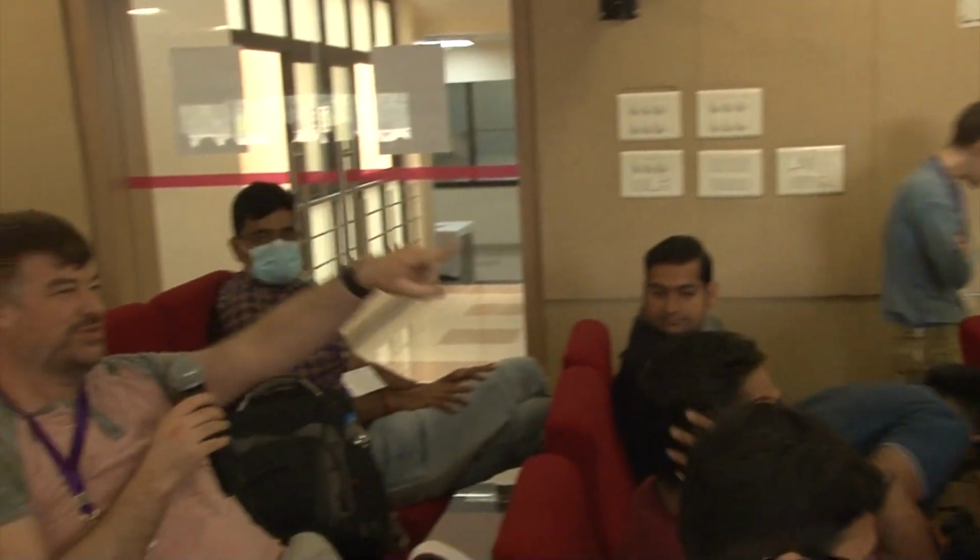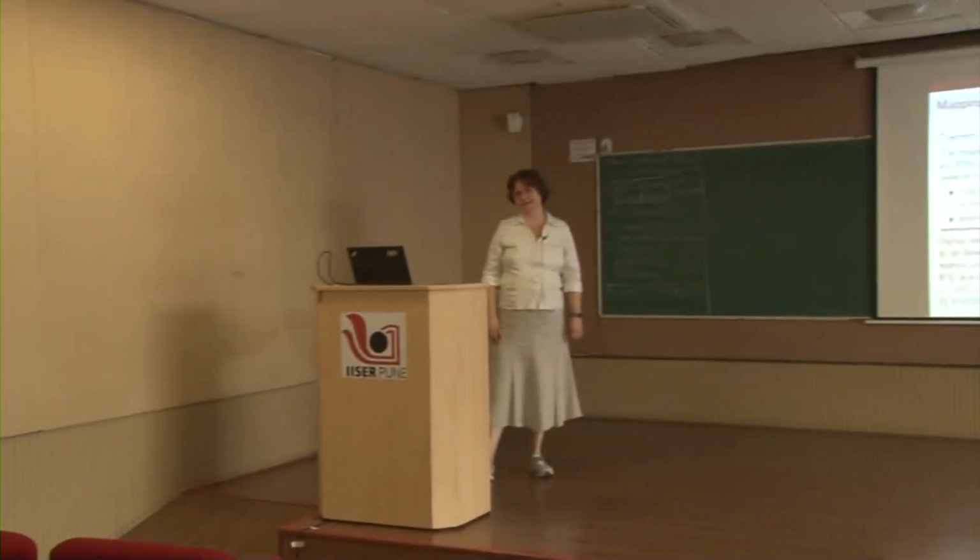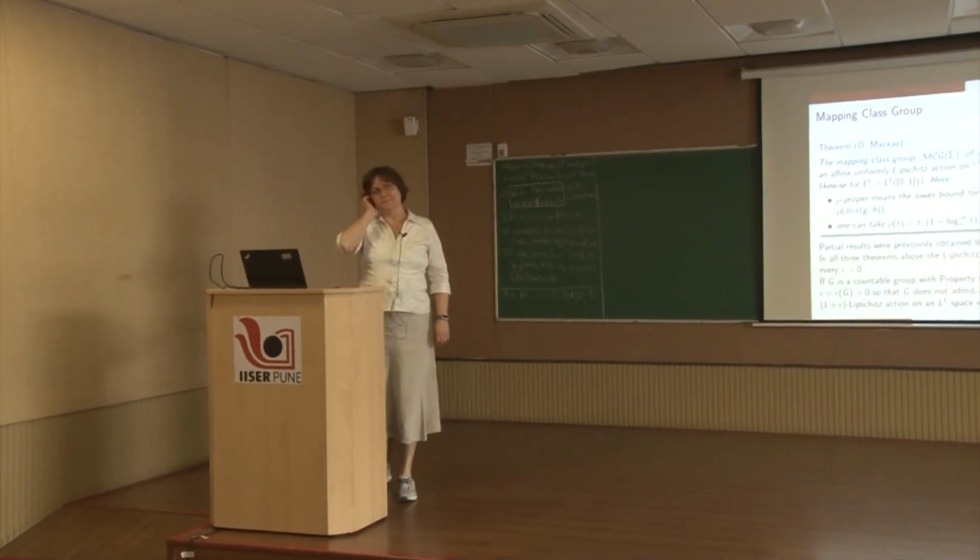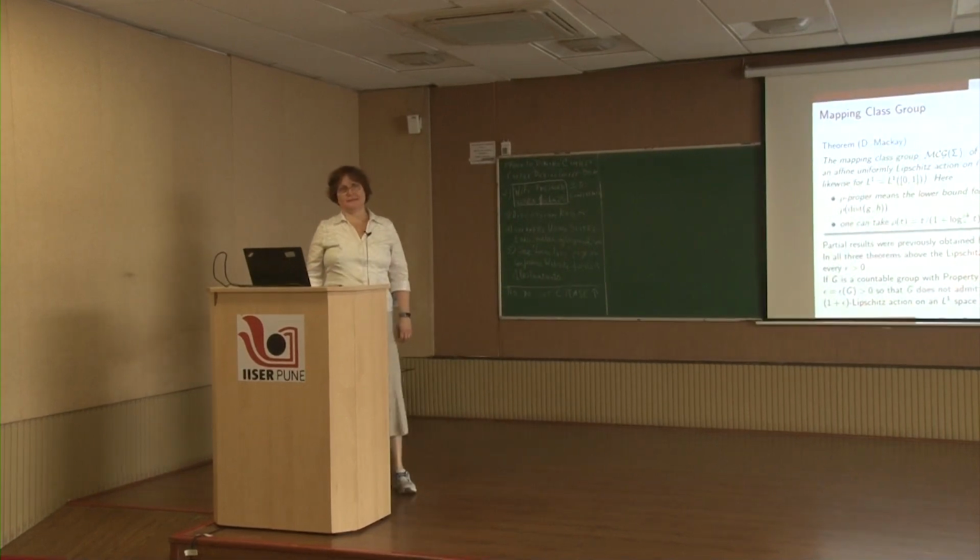You mentioned this uniform Lipschitz, but there's also this slow growth Lipschitz for the strong property T. Are there any groups besides higher rank lattices that are known to have this? Yes, you're referring to Vincent Lafforgue's result.